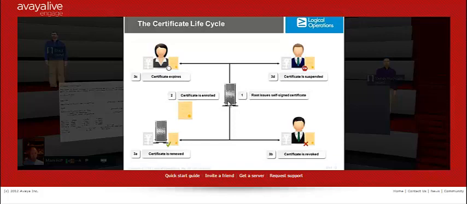Now notice up there, step 3 delta, our little guy up there, certificate is suspended. There's one certificate setting you can select that allows you to effectively revoke the certificate, but you can unrevoke the certificate. For example, let's say you're in the Navy, you're on a nuclear sub crew, and gold crew is out for 6 months.